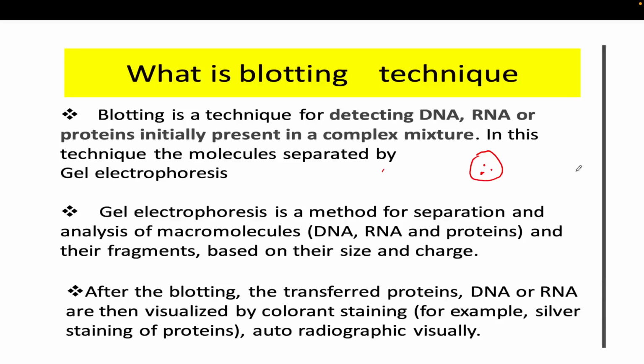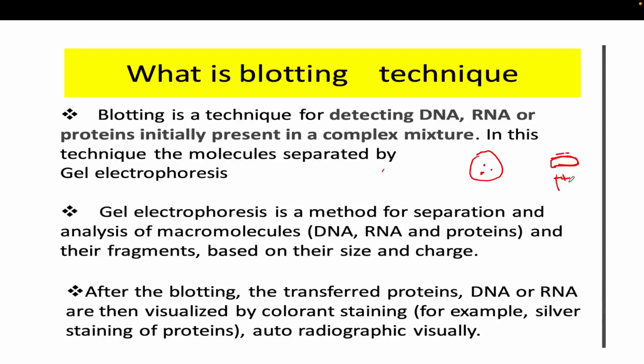Okay, so what is happening in gel electrophoresis is, if you are doing gel electrophoresis for DNA and RNA, then this gel electrophoresis works as a horizontal unit. Because the DNA and RNA nucleic acid is negative in charge, it will migrate from the negative to the positive charge, from cathode to anode.